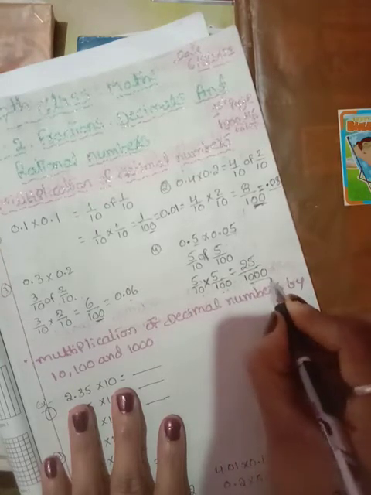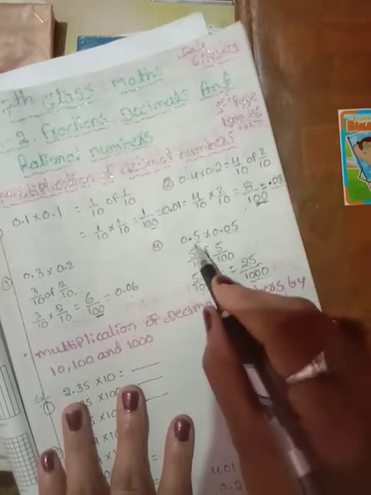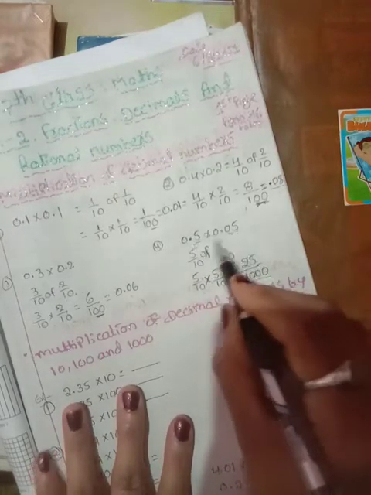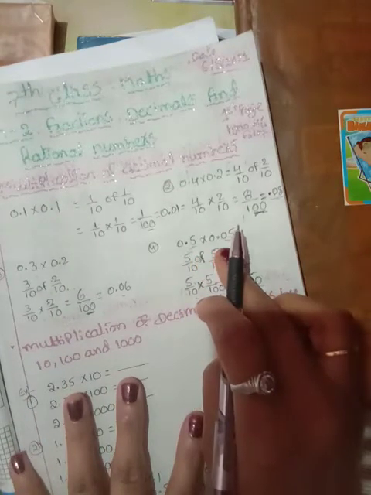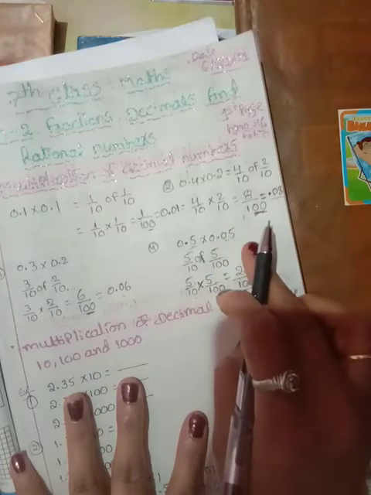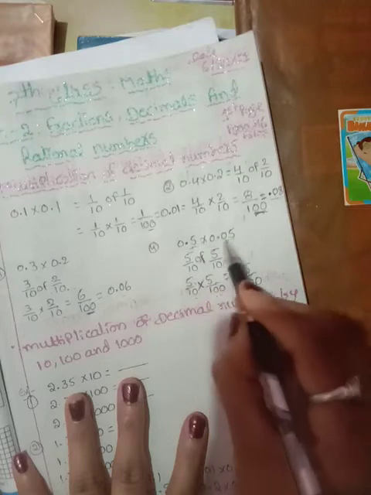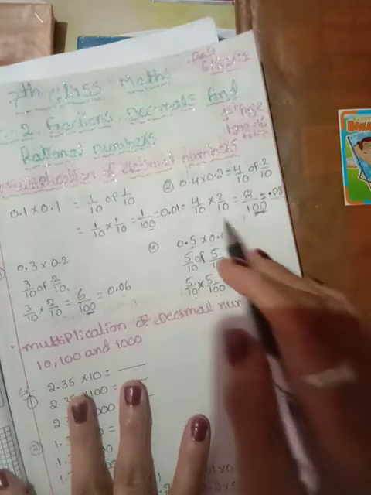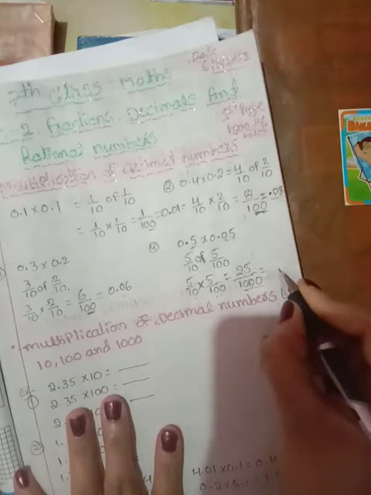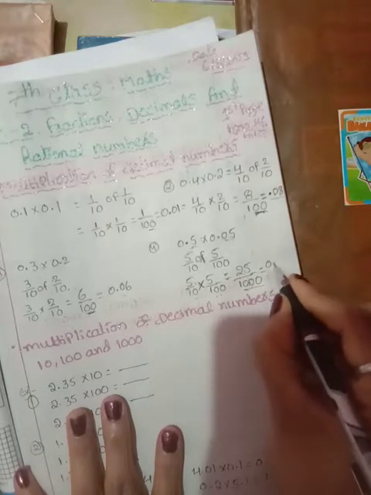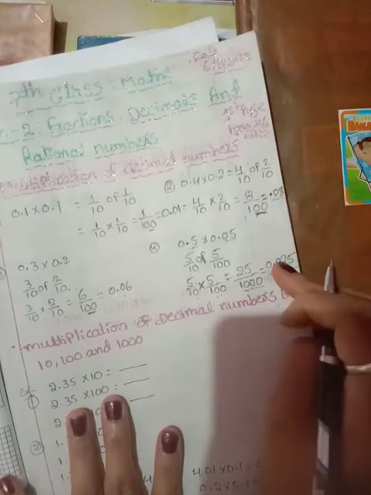Since 1000 has 3 zeros, in this product the total digits to the right of the decimal point are also 3. 1 and 2 and 3. So I put the point after 3 digits: 0.025, right to left.